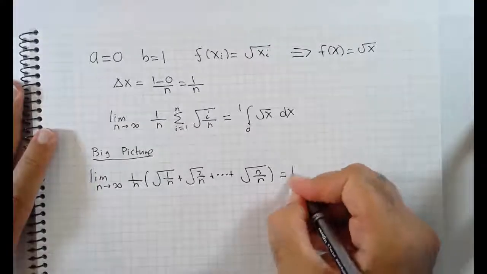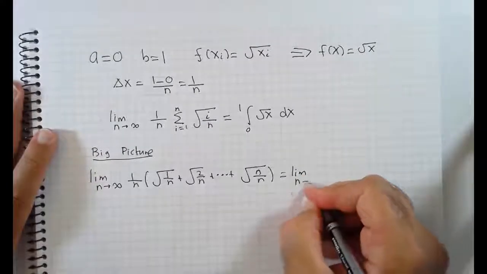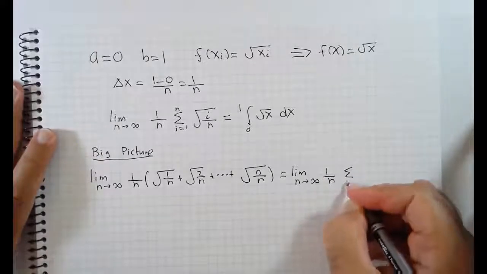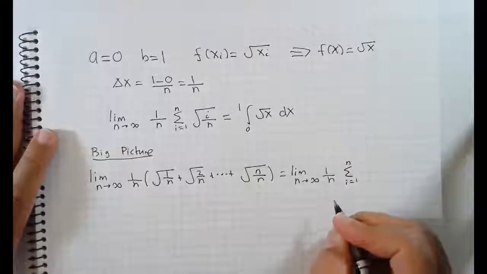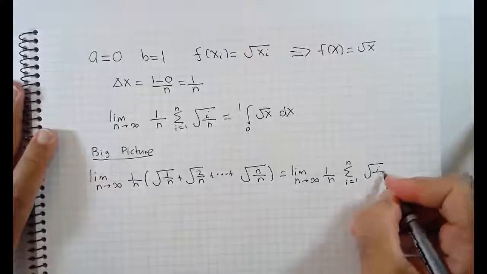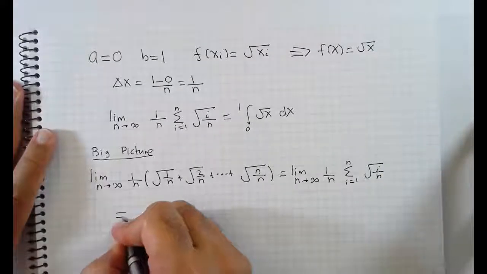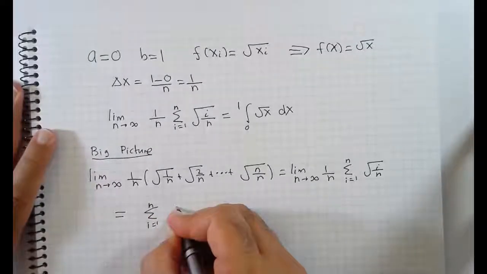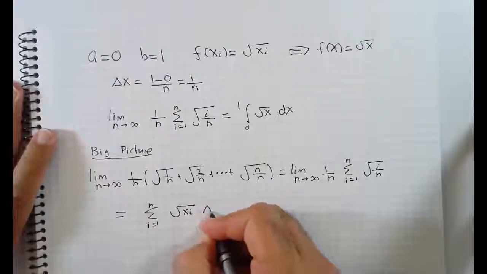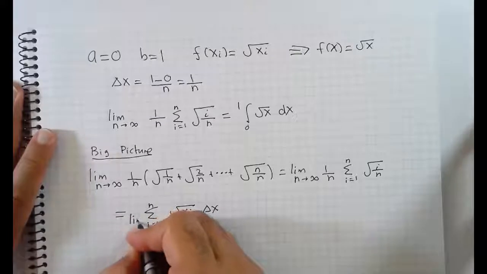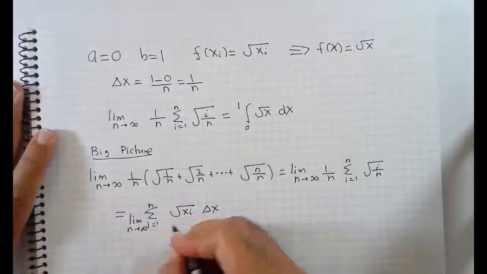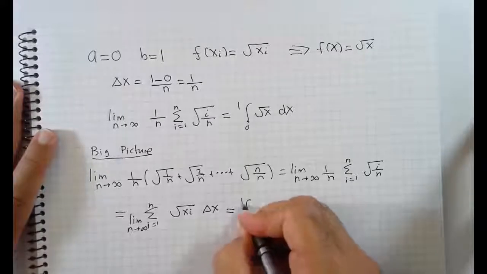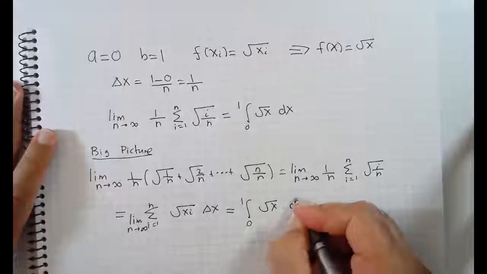And we wrote that in summation form, limit n goes to infinity, 1 over n, summation i goes from 1 to n, root i over n. And then we wrote that into a general Riemann formula, summation i goes from 1 to n, root xi, delta x, limit n goes to infinity, and then we followed up with a definite integral 0 to 1, root x dx.